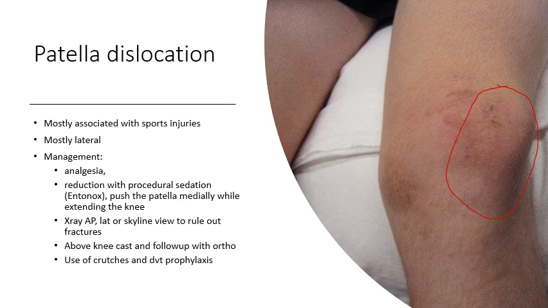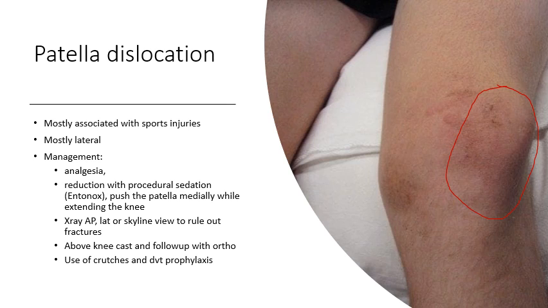Okay, majority of them are lateral dislocations. The management is simple: analgesia, reduction with procedural sedation. How do you reduce is you push the patella medially while extending the knee. Okay, it's a simple method.